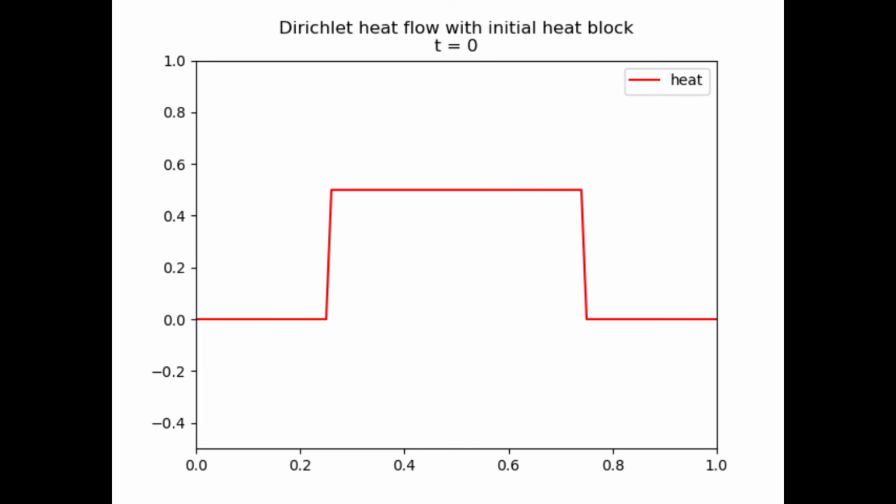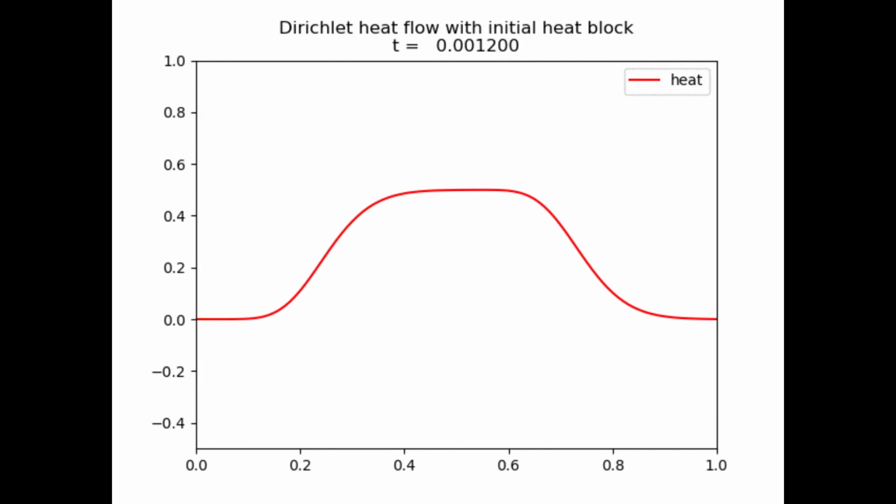The initial heat distribution, in fact, is very simple. Initially, everything is at temperature 0 except between 1/4 and 3/4, where we got a starting temperature of 1. That is what you are seeing here at the very beginning. You see the graph of the heat distribution at time t equals 0. And now let's start the heat evolution.